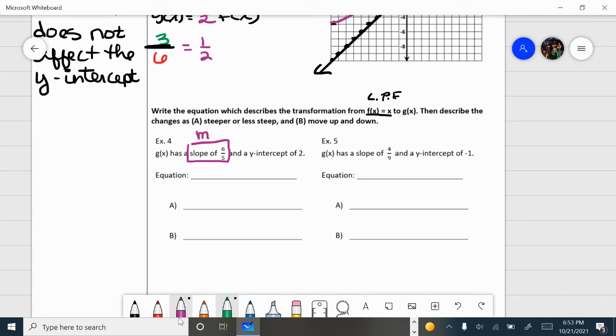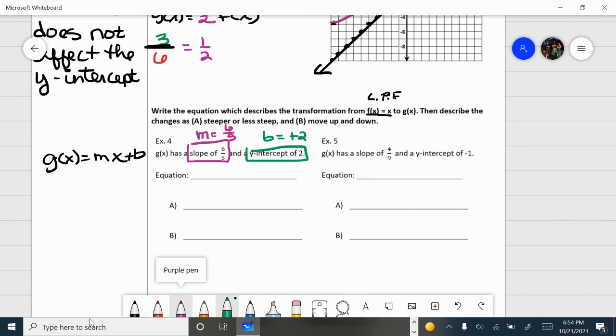So this is going to be our new m. M equals 6/5. Because remember, we're going to put this into g of x equals mx plus b. Our y-intercept is 2. So that means our b is going to be a plus 2.